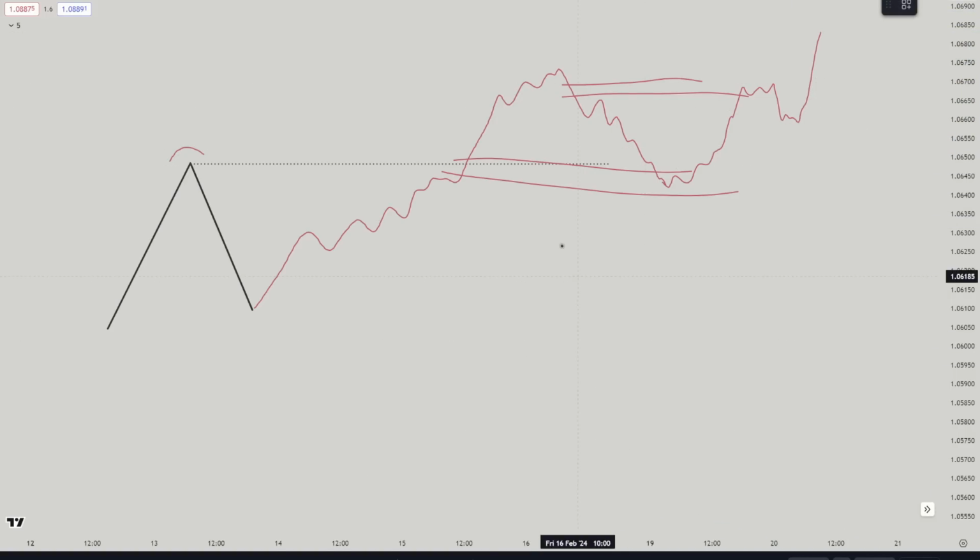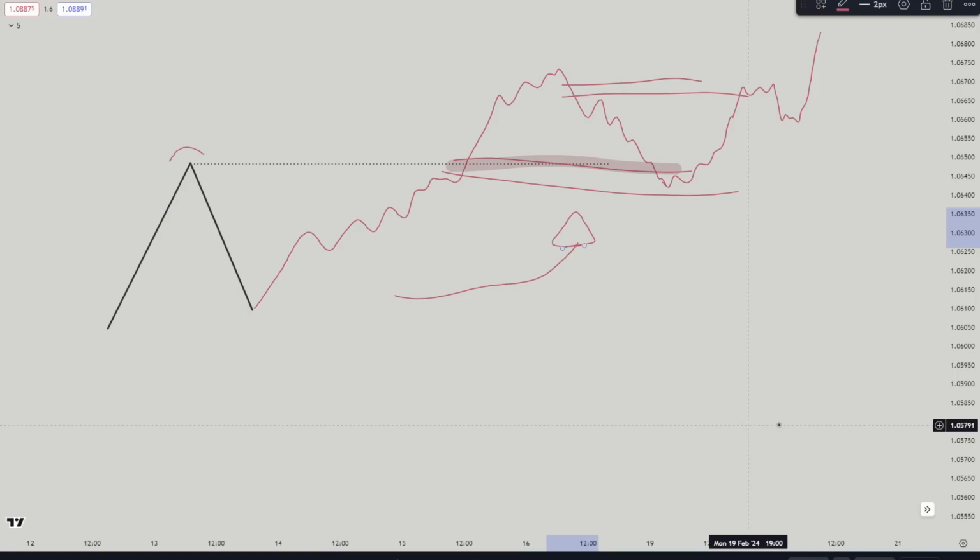Because the right direction is the direction of the liquidity run, which is to the upside. So differentiating between a liquidity run and a liquidity sweep is very important to know what the direction is, very important to avoid some of the bad trades, and very important to differentiate between where a reversal is going to happen and where a continuation is going to happen.